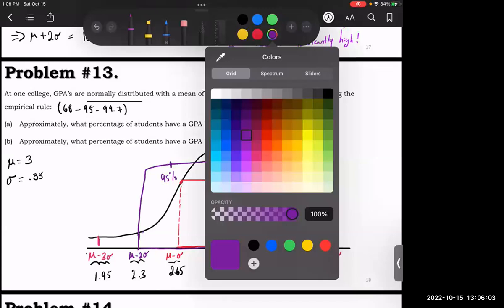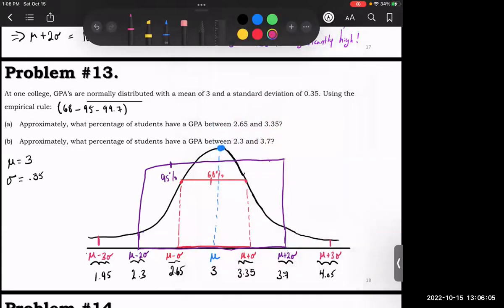And the one in pink is where 99.7% of the values will be within 3 standard deviations below or above the mean. So we use these 3 percentages to answer the question.